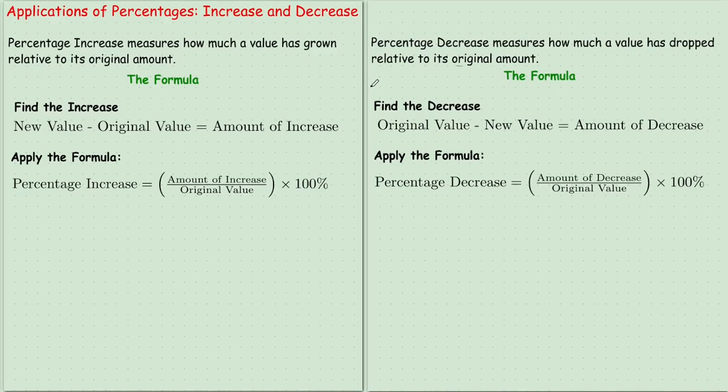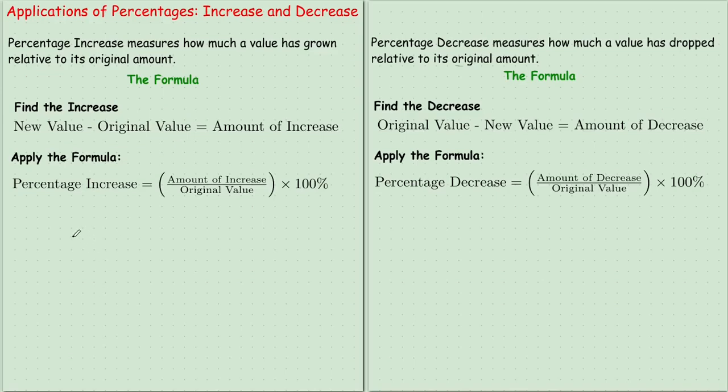Irrespective of what you want to do, either for increase or decrease, you need to find the increase or find the decrease. If it is increase, since the new value will be greater than the original value, there should be a subtraction. So you take the original value from the new value.